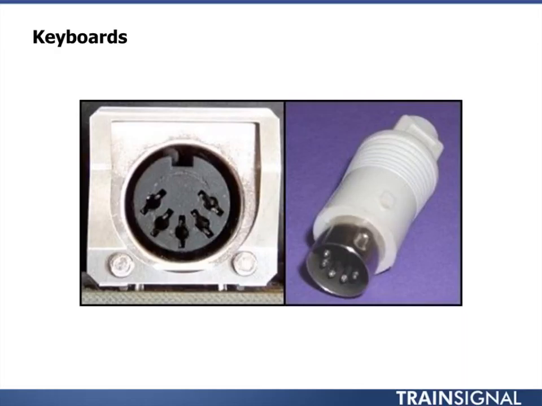I don't know the exact measurements, but it's probably pretty close to twice the diameter of the PS2 round connector. So it's notably bigger. You're not going to accidentally plug an AT connector into a PS2 port or the other way around.